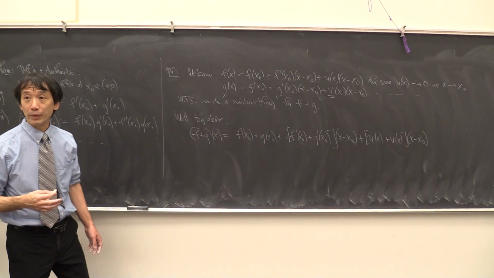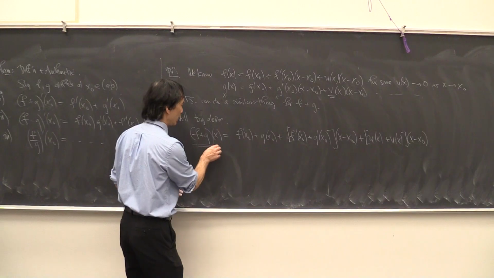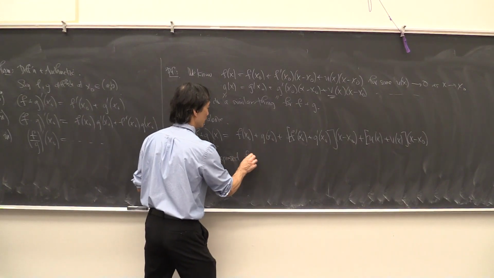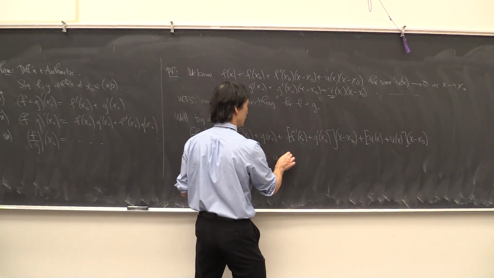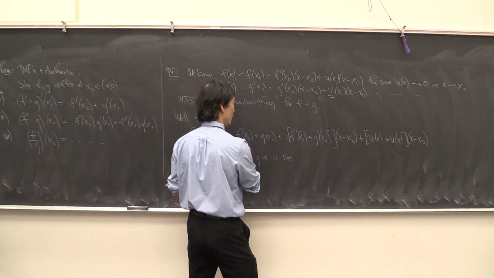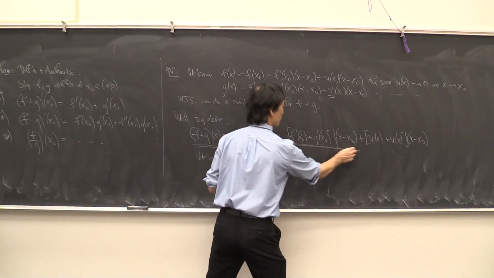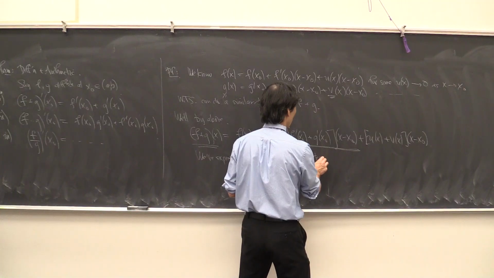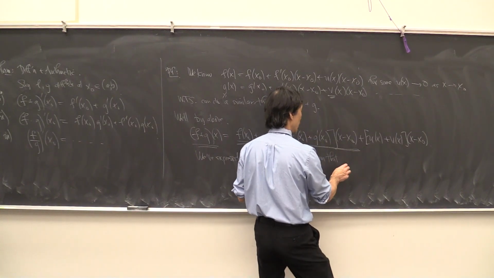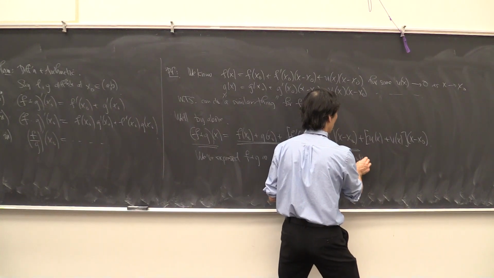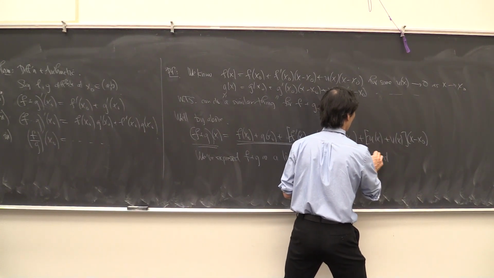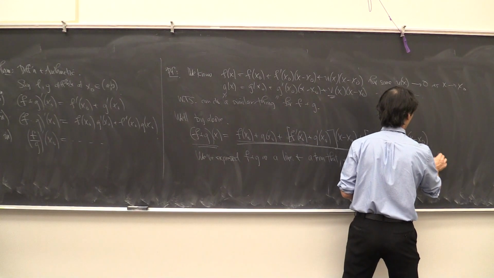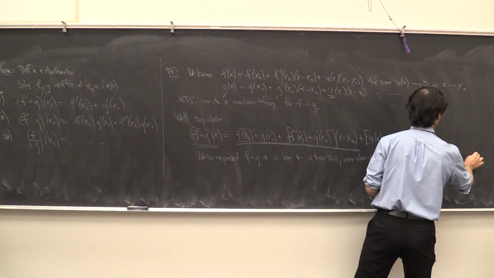Okay. What have we done? We've expressed our function as a line. This guy is a line. We've expressed it as a line plus a term that even when divided by x minus x naught vanishes as x approaches x naught.